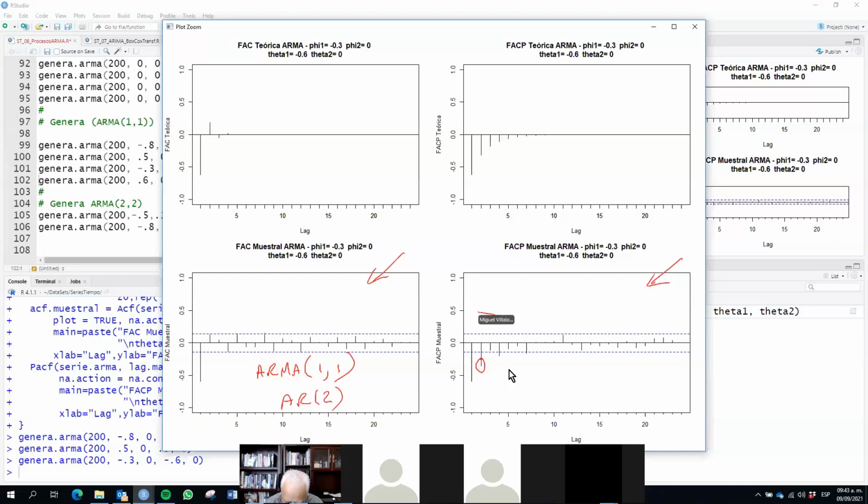You can see that it may not be a pure AR model because of the behavior here, but there's a doubt, so you could check an AR2 model or an ARMA 1-1 model. There's no problem. Once you get the results of the fit, you look at the diagnostics and look at the value of the coefficients to see if they're significant or not. We'll look into that when we talk about estimation.